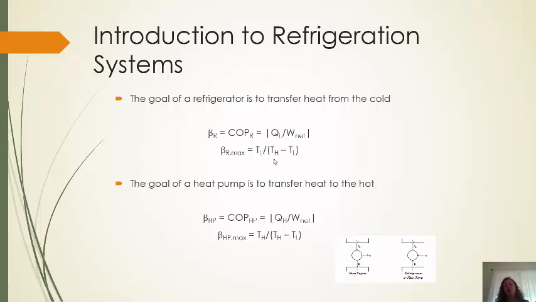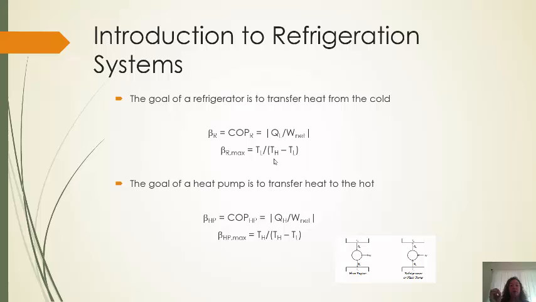This might be you huddling behind your refrigerator, but it also can just be switching the airflows over your air conditioning units. Now for a heat pump, the goal is high temperature heat transfer. The cost is still net work.